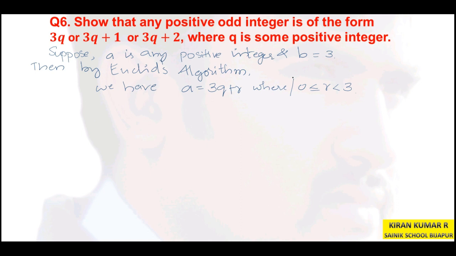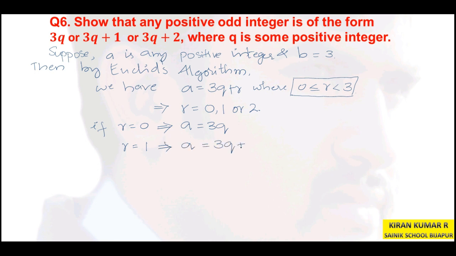Look at the condition 0 less than or equal to r less than 3. This implies the value of r can be 0, can be 1, or it can be 2. If the value of r is 0, then in this expression a becomes 3q. If the value of r is 1, then the expression becomes 3q plus 1.